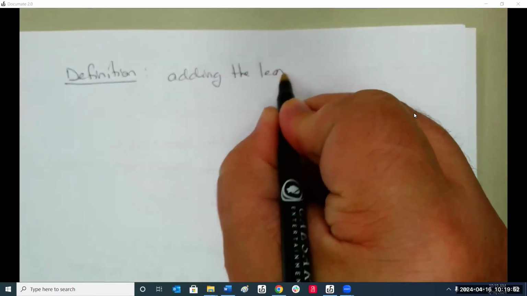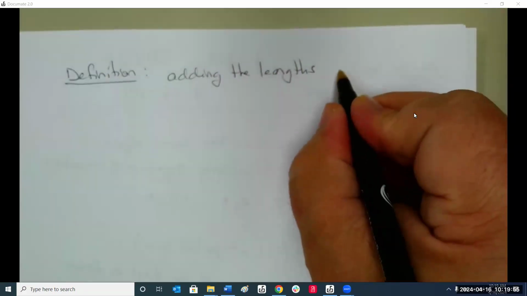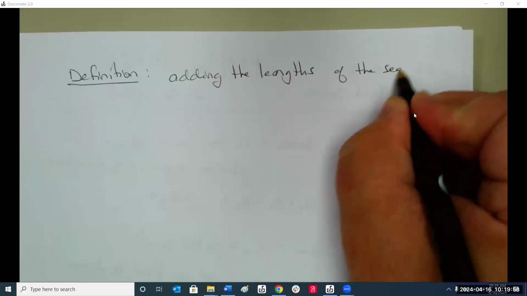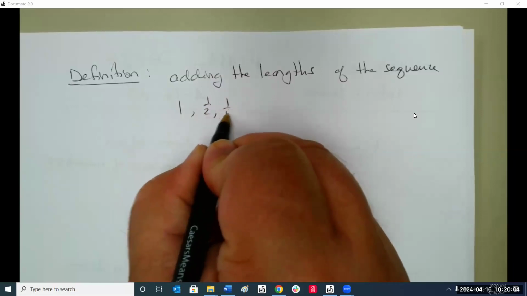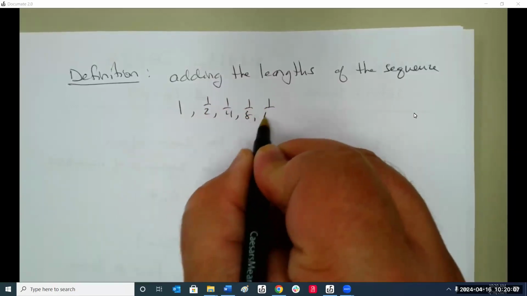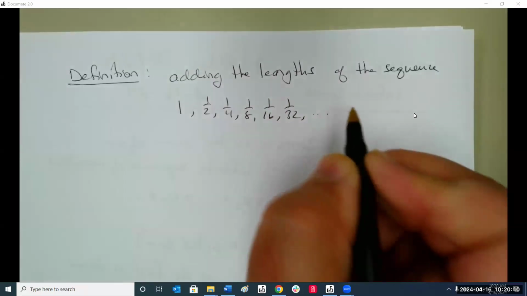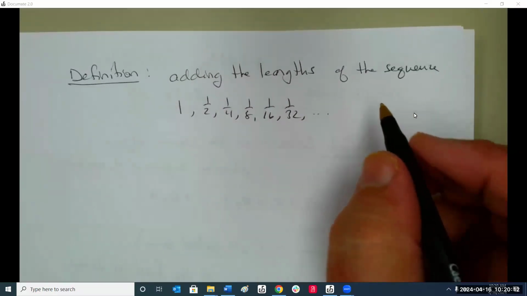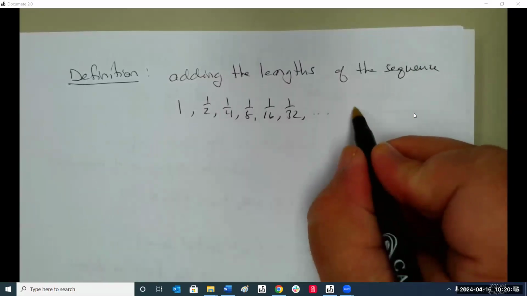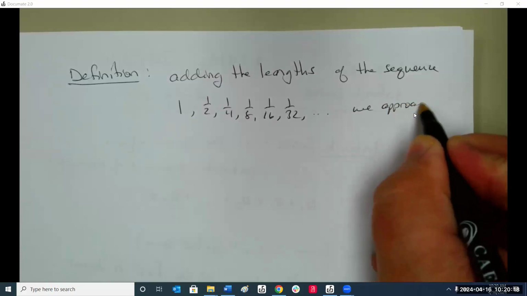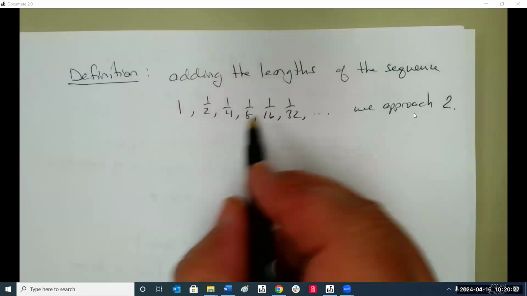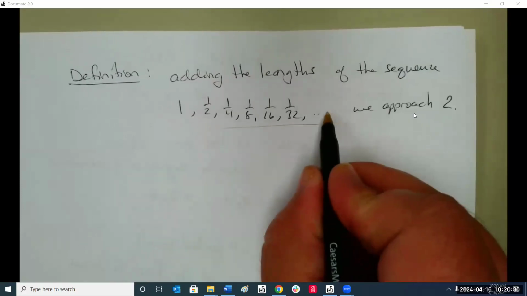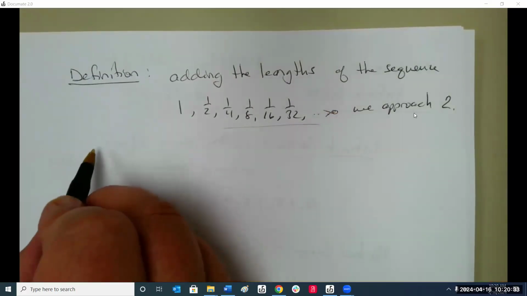Adding the lengths of the sequence 1, 1/2, 1/4, 1/8, 1/16, 1/32, and so on and so forth, we approach the number 2. That's what we're looking for now. This keeps on going forever and ever.